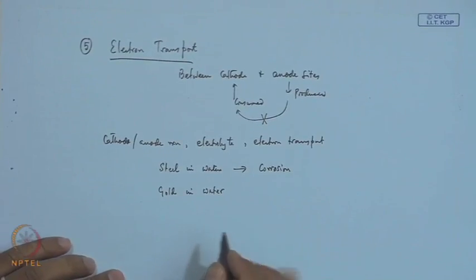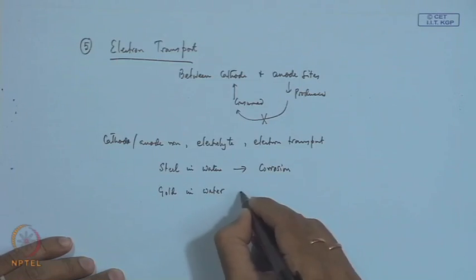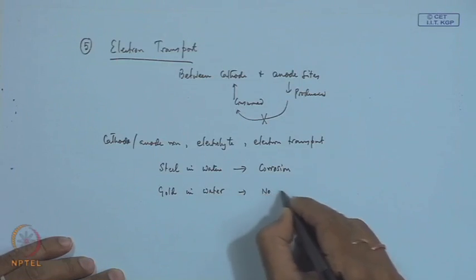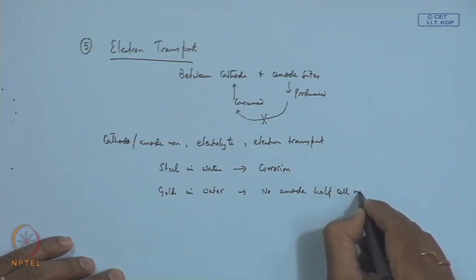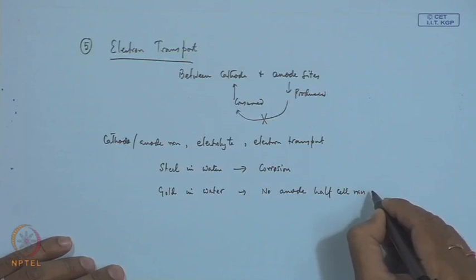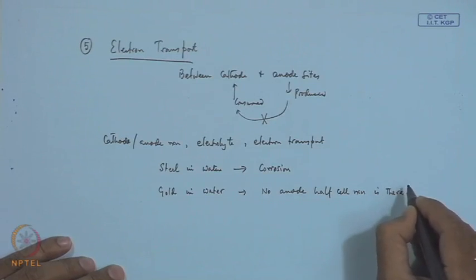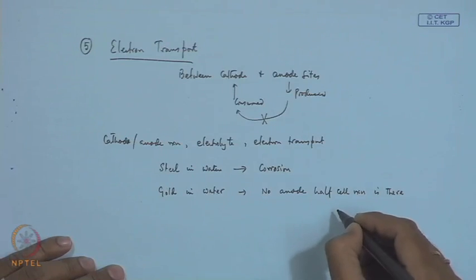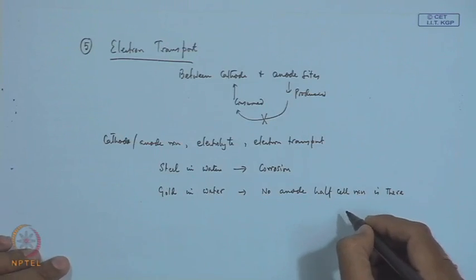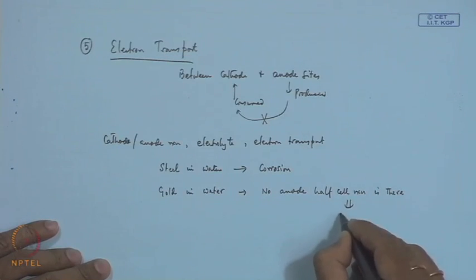So, for gold in water, no anode half cell reaction is there. Anode half cell reaction means something like M to M n plus, therefore, no corrosion.